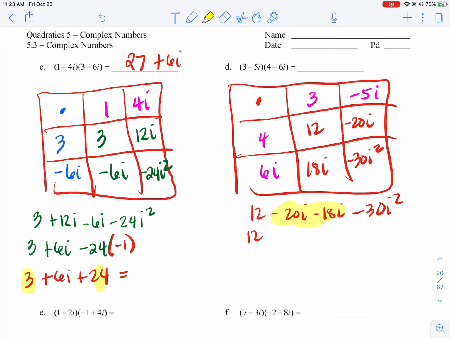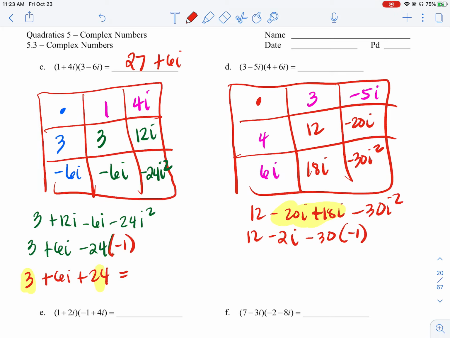But please note that this is a positive 18i. Okay? And so don't forget that you are not combining i and i to get i squared. You're just adding them, so you're just combining the like terms. So that's negative 2i minus 30i squared, and i squared is negative 1, right?